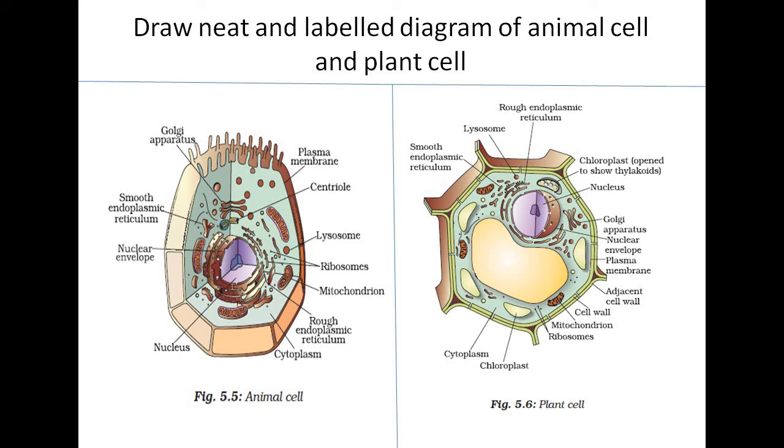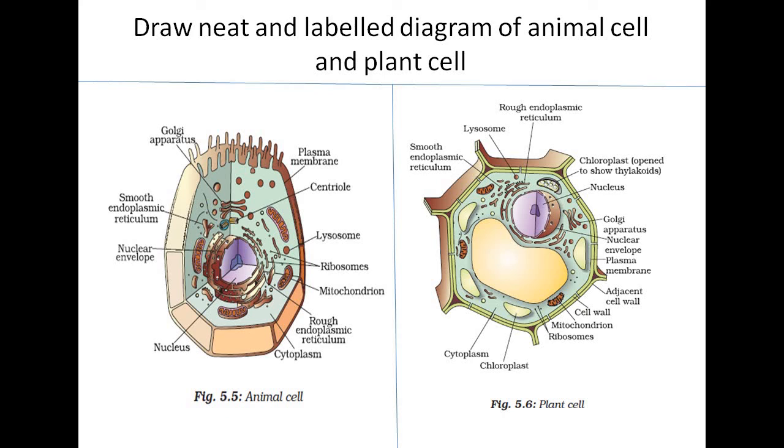You make 2 columns and write the differences between plant cell and animal cell. Make 2 columns in your copy. Write plant cell in one and animal cell on the other. So make the difference between them. Plant cell, there is cell wall.